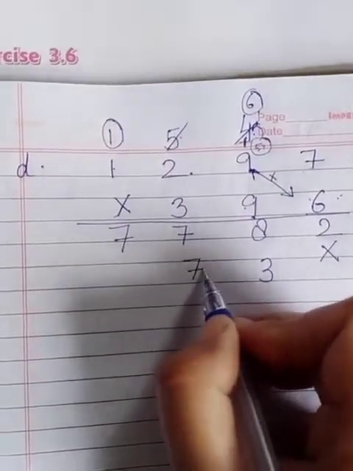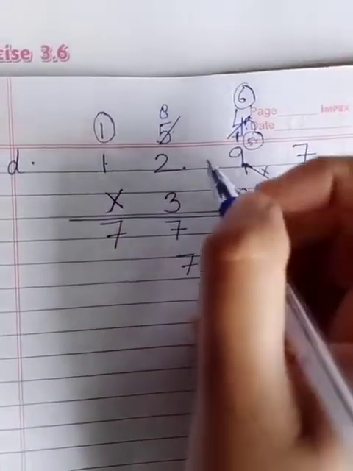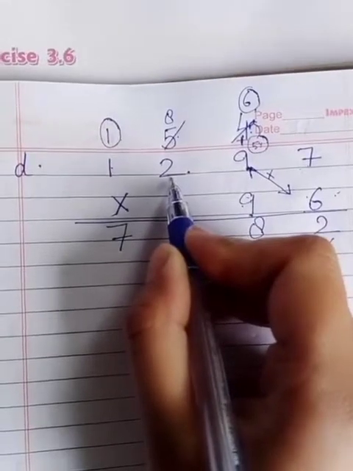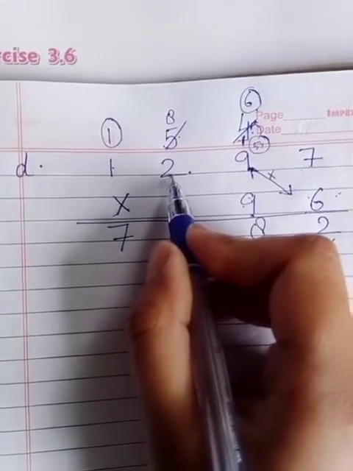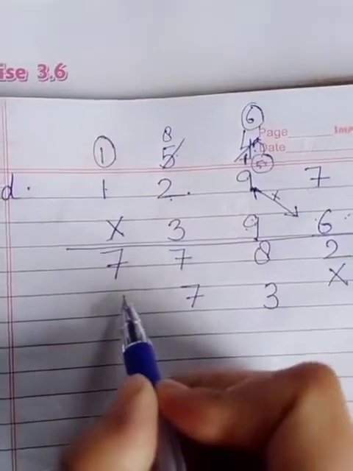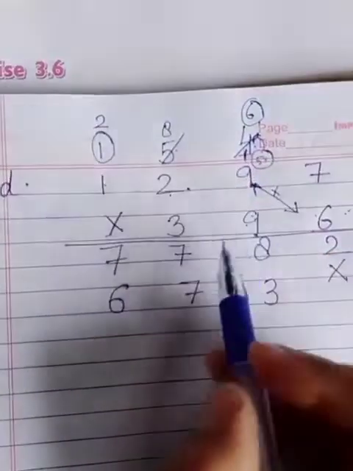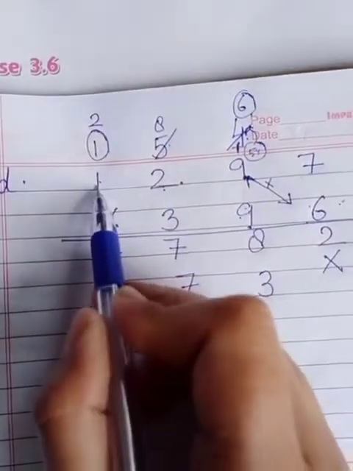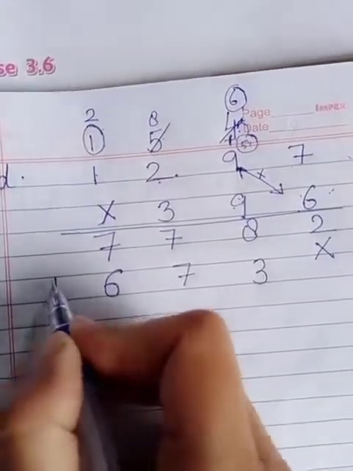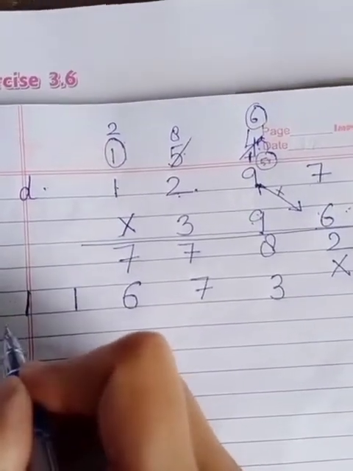So 7 here and 8 will go as a carry. 9 twos are 18 and 18 plus 8, 26. So 6 here and 2 will go as a carry. 9 ones are 9 plus 2, 11. So 1 here and again 1 here. We have to write them separately.